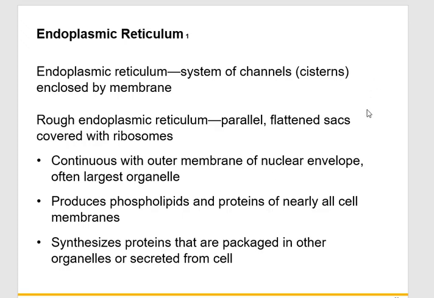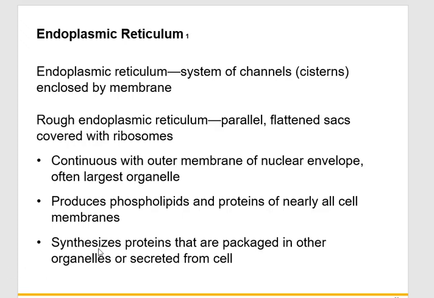Other things that the rough endoplasmic reticulum does is it makes the phospholipids and the proteins that make up all the other cell membranes. So it's making its own self, endoplasmic reticulum, but it's also making Golgi apparatus, nuclear envelope, cell membrane, all the phospholipids that you need in order to have a cell.